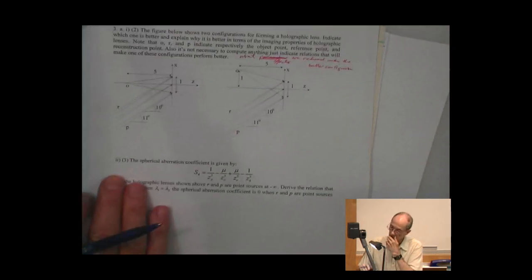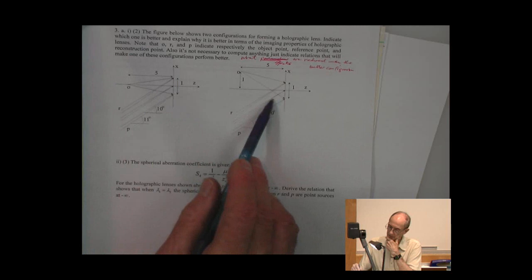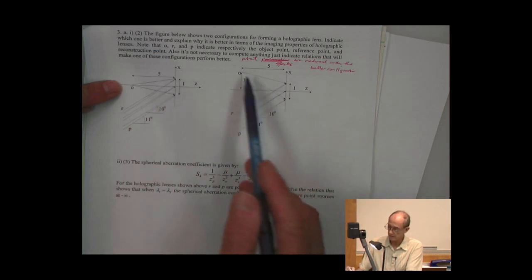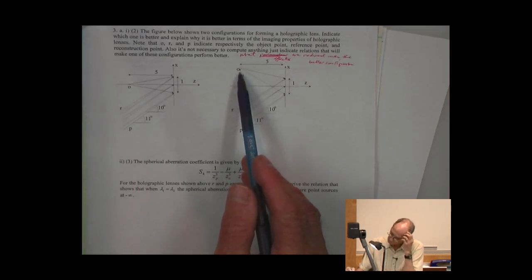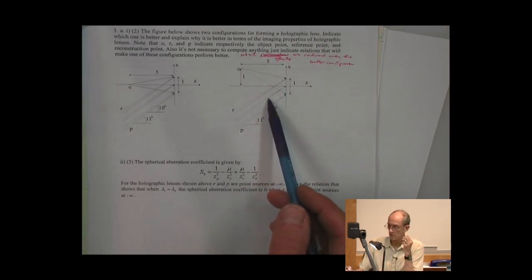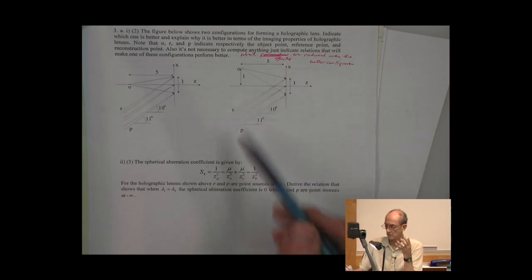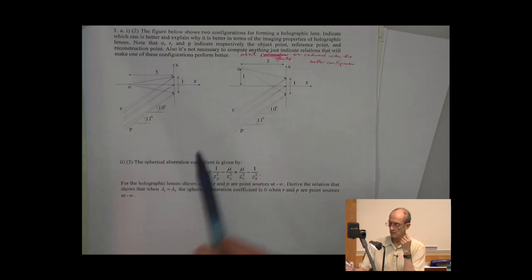Okay, so all right, so here we have these two configurations, one with this point source on axis, and it's constructed with an off-axis plane wave, and this one has an off-axis point source, also constructed with those same off-axis plane waves and reconstructed with a slightly different plane wave angle.